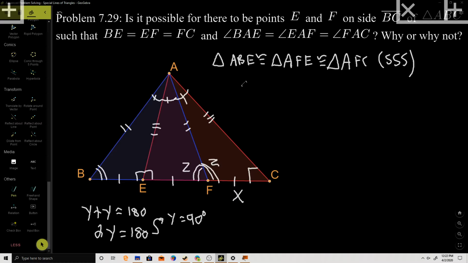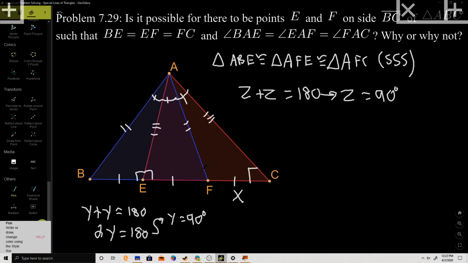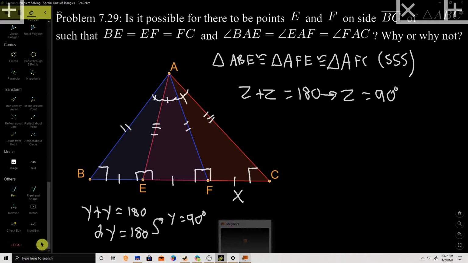Z plus Z is equal to 180. Which means that the same logic, Z equals 90. So we have that these angles at Z are 90 degrees as well. 90 degrees here, 90 degrees here, 90 degrees here.